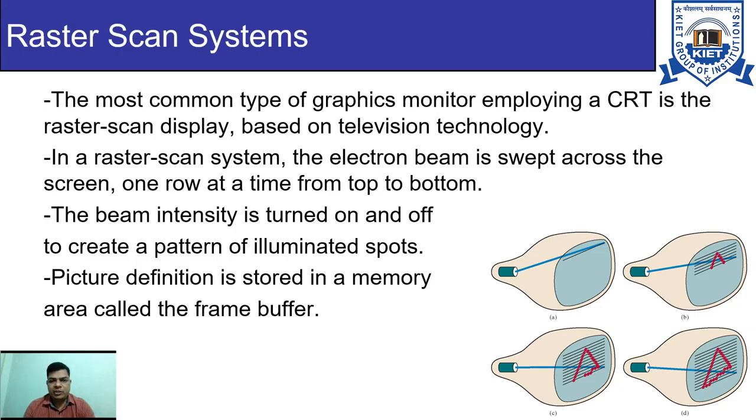The definition of the picture is stored in a memory area called a frame buffer. So what is happening? We are implementing the DDA algorithm on raster scan systems, and this algorithm can be used to draw a line.